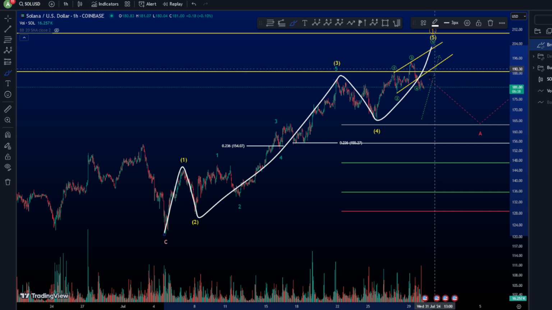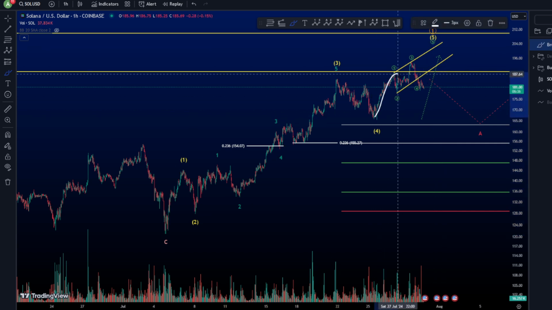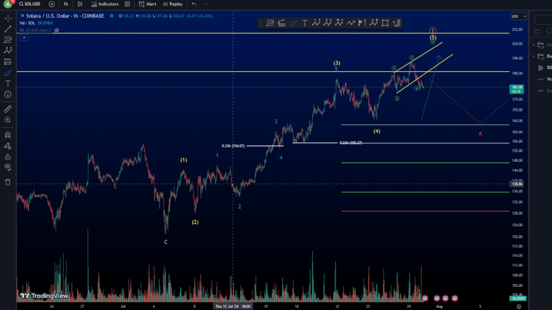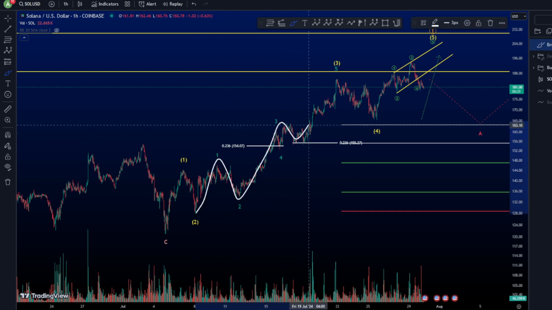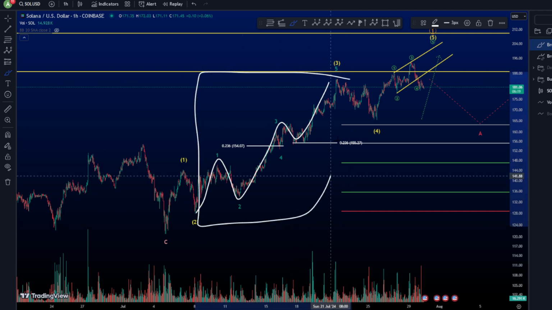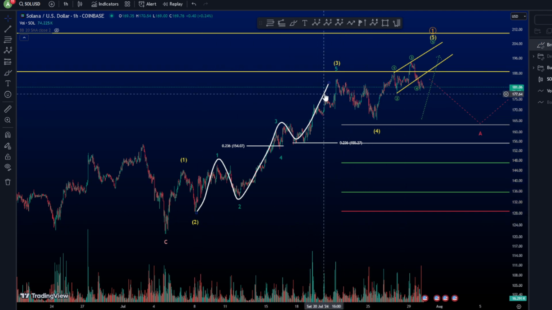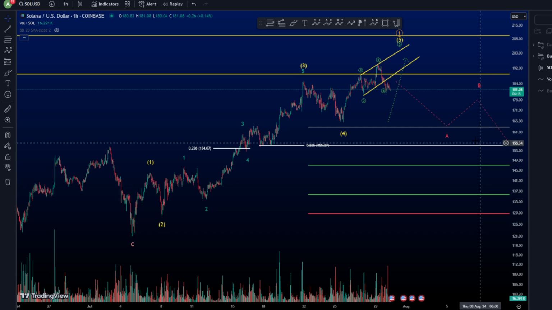For the 5, I am expecting to see 5 waves up, and this is what I was expecting as a contracting diagonal. Inside the yellow, of course, we see 1, 2, 3, 4, 5, a finished impulse. That's perfect, everything is okay. But that opens some options here. I'm going to speak about it a few minutes later.